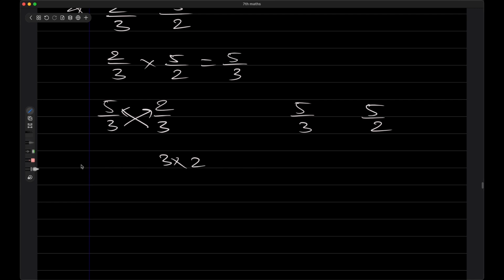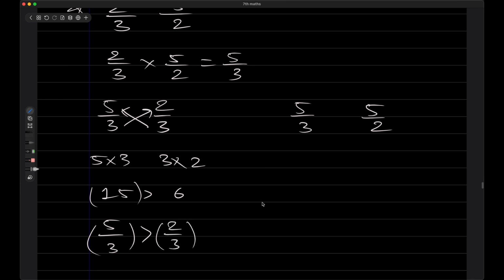3 into 2 and 5 into 3: 15 is greater than 6, so I can say 5 divided by 3 is greater than 2 divided by 3. Then 5 into 2 and 5 into 3: 10 and 15.